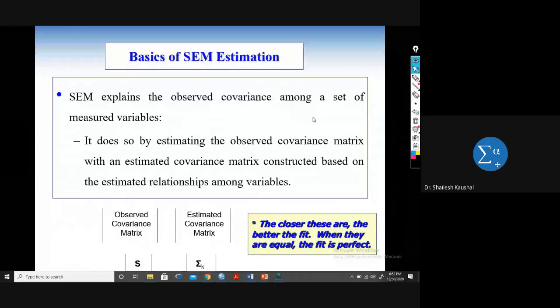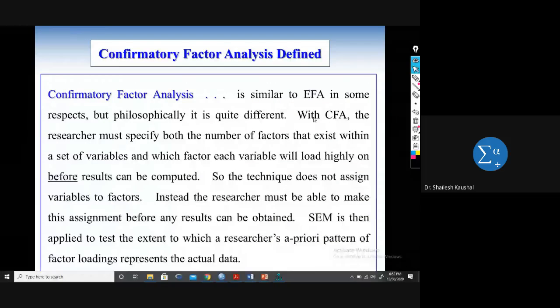Now confirmatory factor analysis. I have explained EFA, and CFA is similar to it in some respects, but philosophically it is quite different. With CFA, a researcher must specify both the number of factors that exist within a set of variables, and which factor each variable will load highly on, before results are computed.